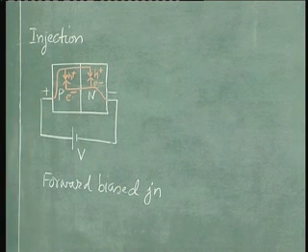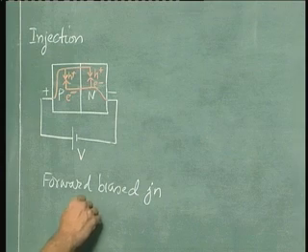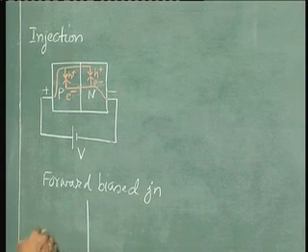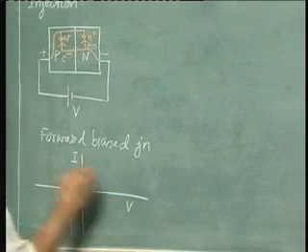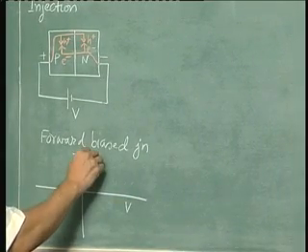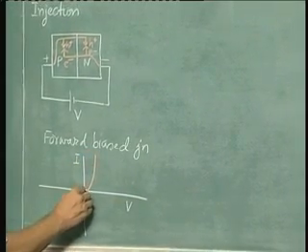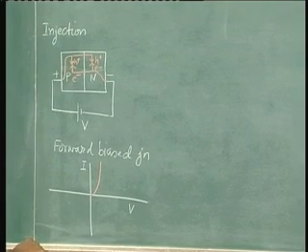Okay? So this is a process of injection, and this is the reason why you get a large current in the forward bias junction. If you sketch the current voltage characteristics of this diode, then in the forward bias you get a large current. Okay? So this is the origin.